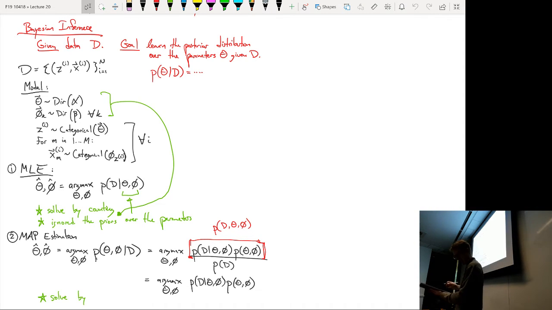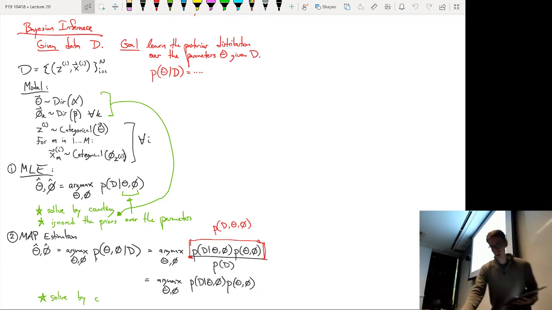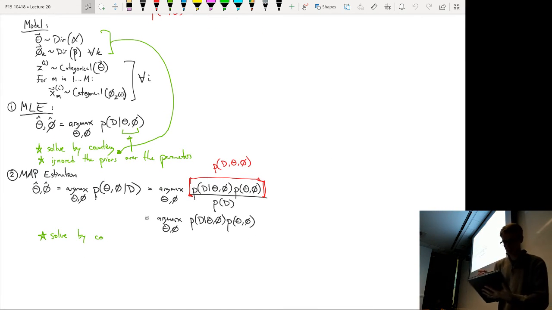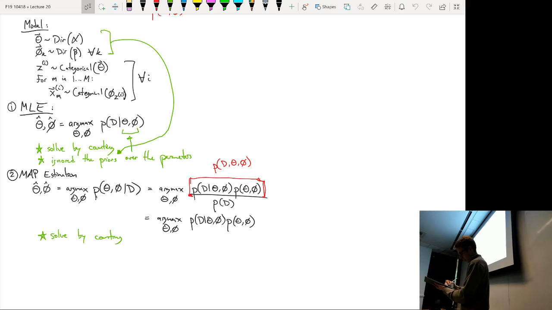So I think the MAP estimates of the parameters here should be something like theta hat sub k. So the kth value of theta is going to be alpha minus 1 plus the sum over all of our training examples, i equals 1 up to n, of these indicators that are just saying, is zi equal to k?